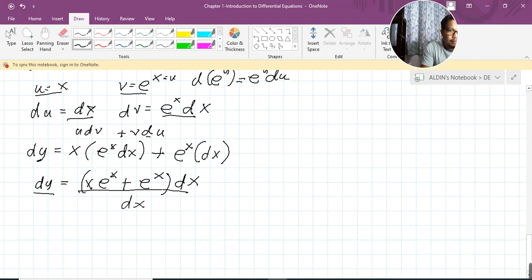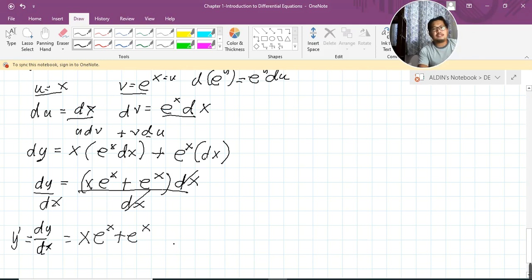Divide both sides by dx para magkaroon ka ng dy over dx. So, makakancel out dito or this will be equals to 1. Okay. So, yung dy over dx mo, or simply your first derivative, is now equals to x e raised to x plus e raised to x. Okay?